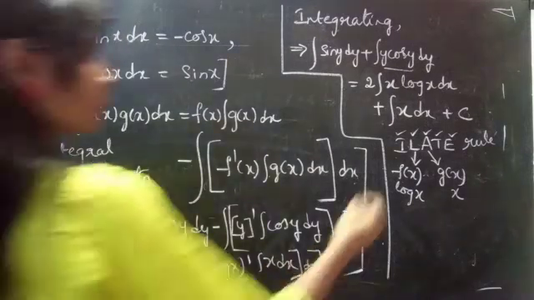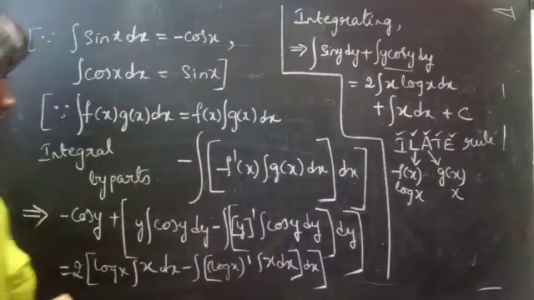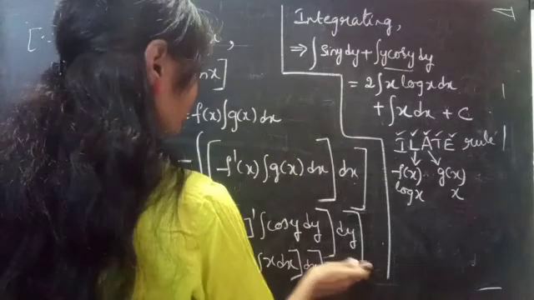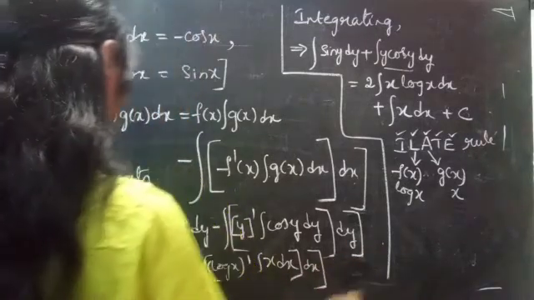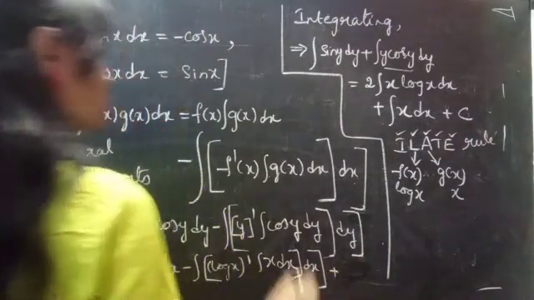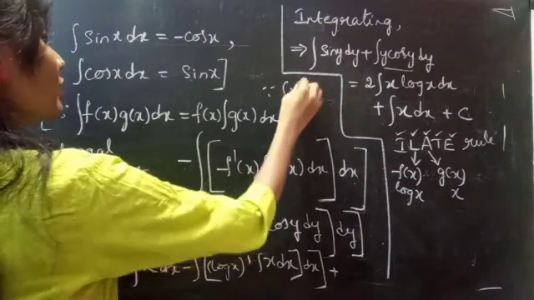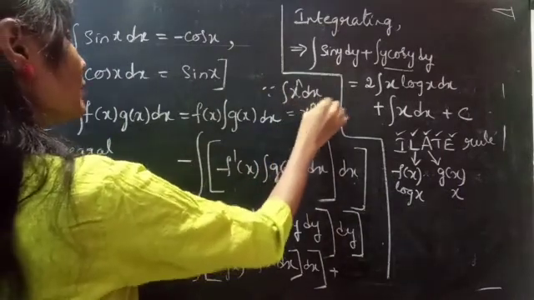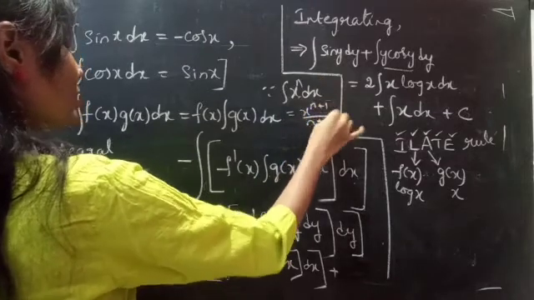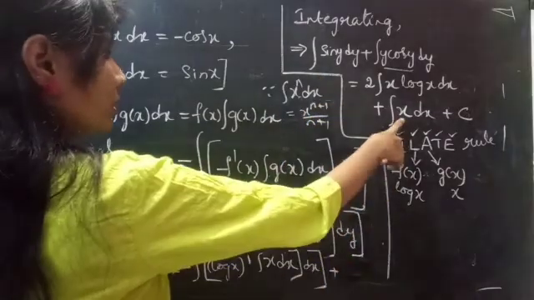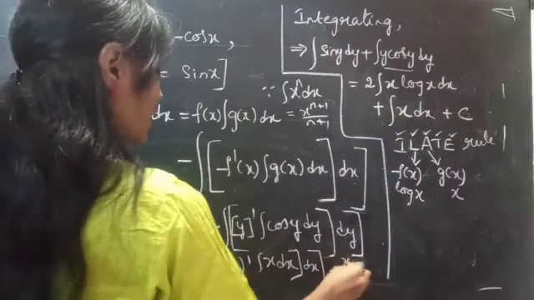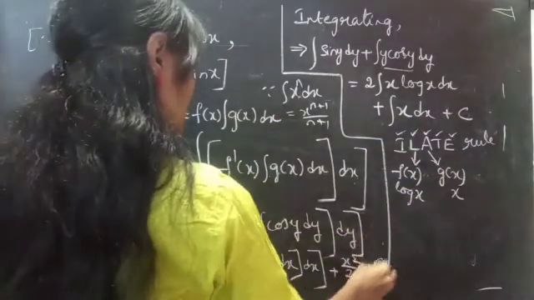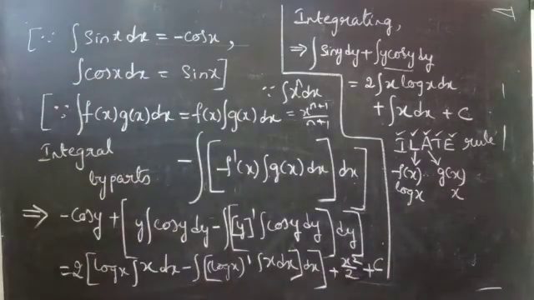Plus integral x dx. Since integral x power n dx is equals to x power n plus 1 by n plus 1, then integral x dx will be x square by 2 plus constant c.